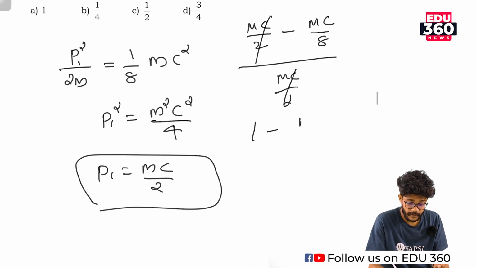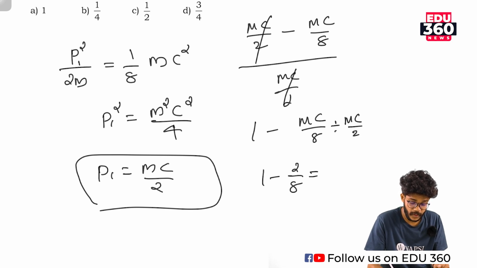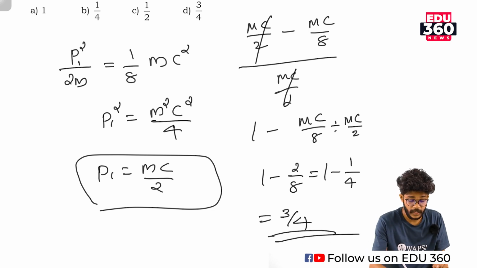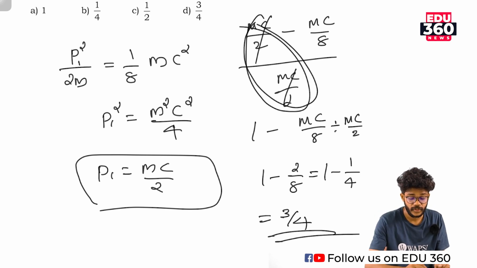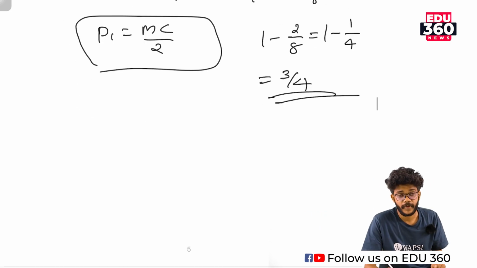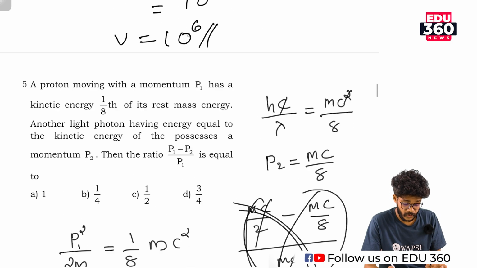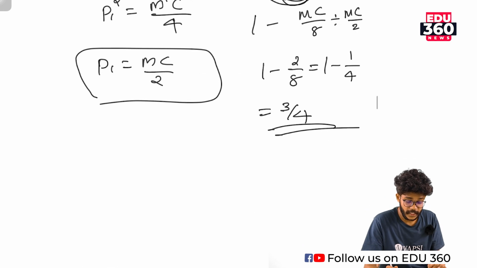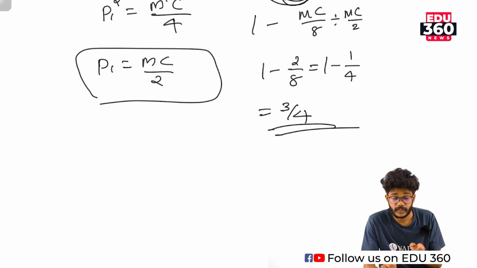So 1 minus (mc by 8 divided by mc by 2), which is 1 minus 2 by 8, which is equal to 1 minus 1 by 4, which is equal to 3 by 4. So option D is the correct answer.